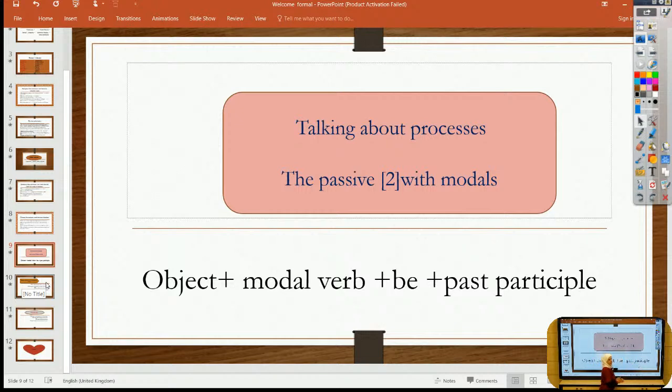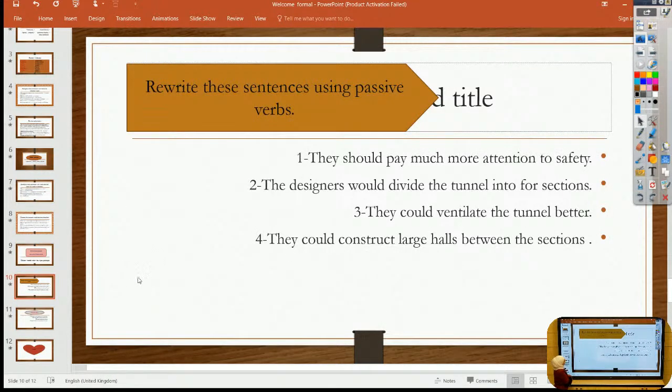And after is the completion of the sentence. Look here. Here we have 4 sentences. Notice number 1. They should pay much more attention to safety. Where is the modal here? Should. Okay? If I want to answer it, how do we make the passive?